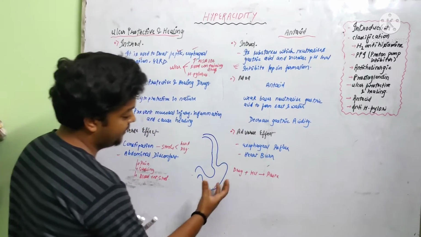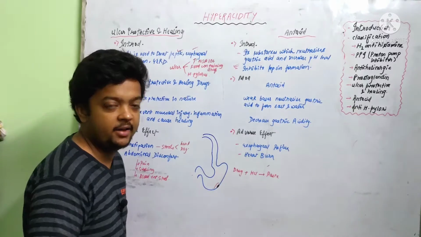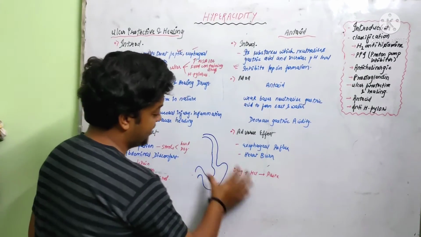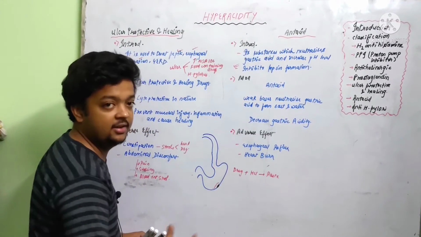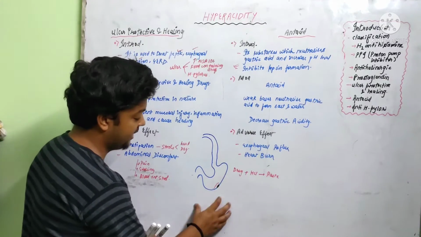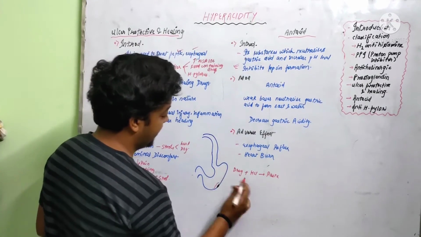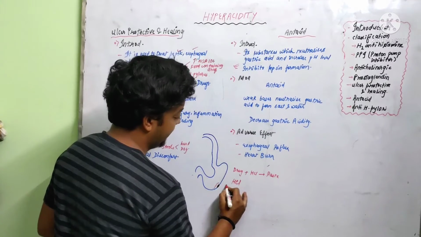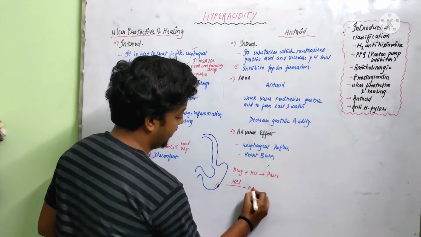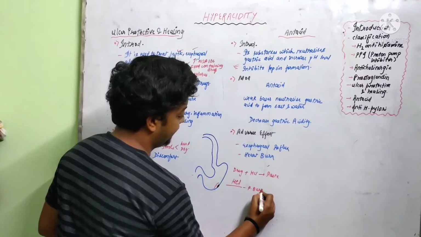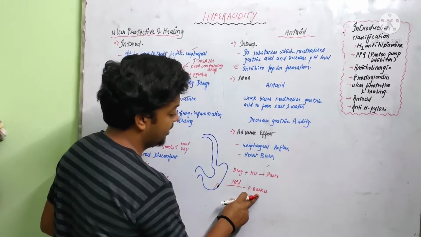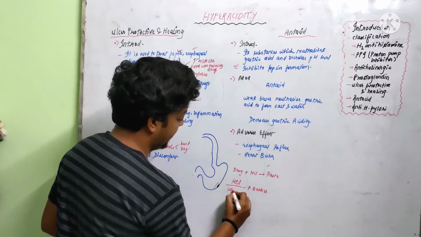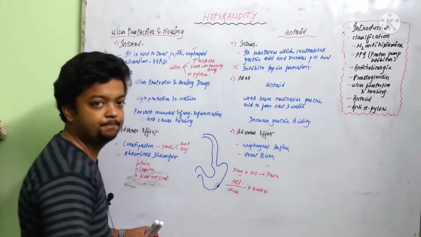So now this paste is basically acting as a protective barrier over the ulcer, and whatever excess amount of HCl and pepsin is causing the ulcer will not affect this particular site. So you would see that this particular area has first of all the HCl above, okay? Then we have the protective barrier, protecting the mucosal lining, and then we have the ulcer here. This is how we protect them.